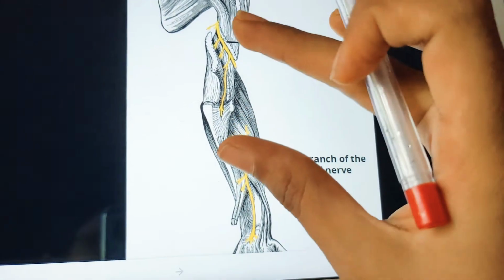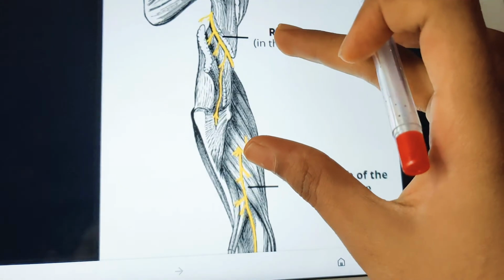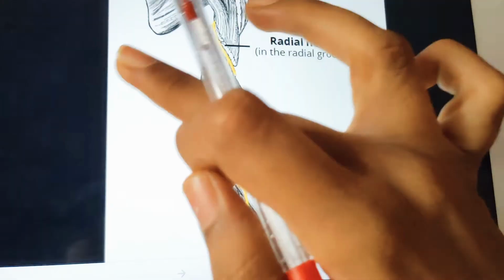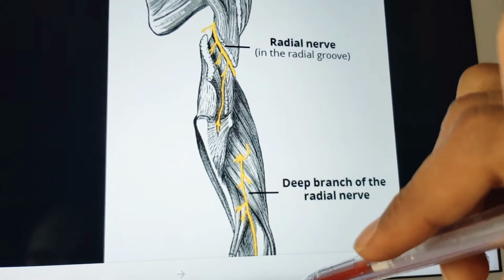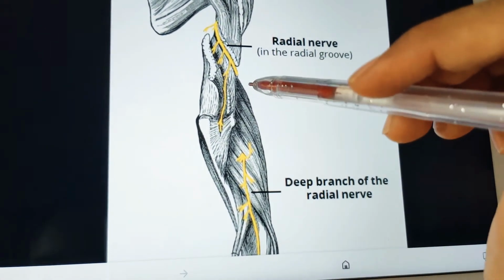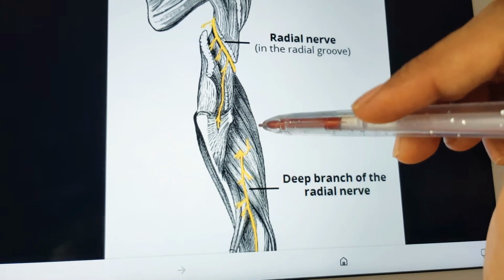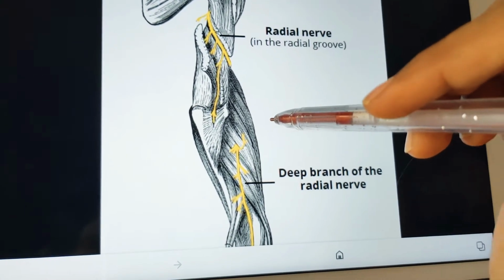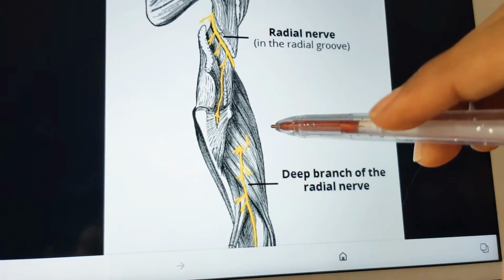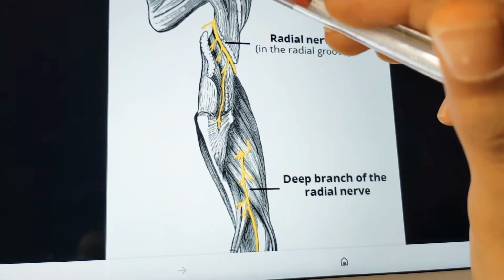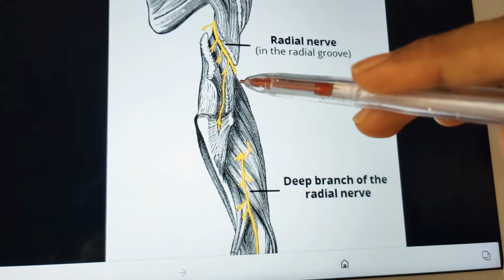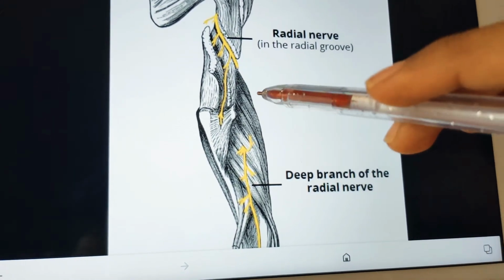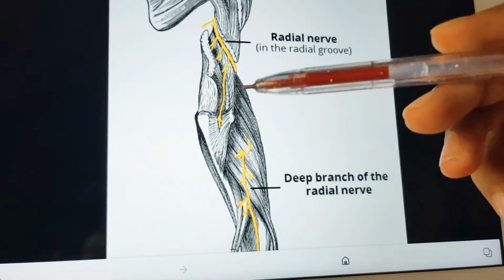So this radial nerve is not only on the posterior side; by piercing the lateral intermuscular septum, it winds around like this and goes to the anterior side of the arm, and it descends across the lateral epicondyle, here will be the lateral epicondyle, right, into the cubital fossa. So the radial nerve is also part of the cubital fossa, if you remember, because it comes from the posterior side to the anterior side by piercing the lateral intermuscular septum.